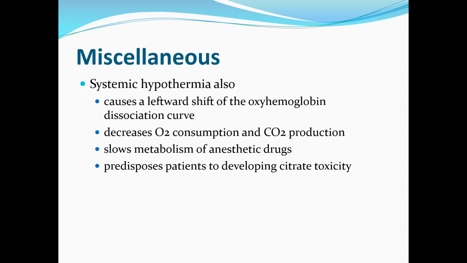That's pretty significant. Systemic hypothermia can also cause a left shift of the oxyhemoglobin dissociation curve, so oxygen sticks to the hemoglobin more tightly, decrease O2 consumption and CO2 production, slow metabolism of anesthetics, and predispose patients to developing citrate toxicity from giving blood.